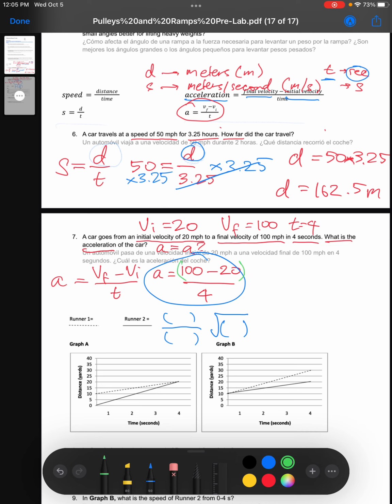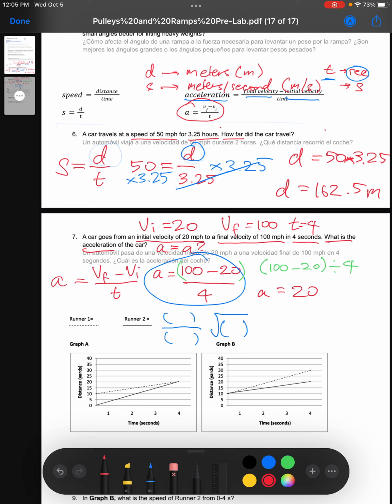In our calculator, we can find A by just typing in parentheses 100 minus 20 parentheses divided by 4. And when we type that into our calculator, we will get that A equals 20.